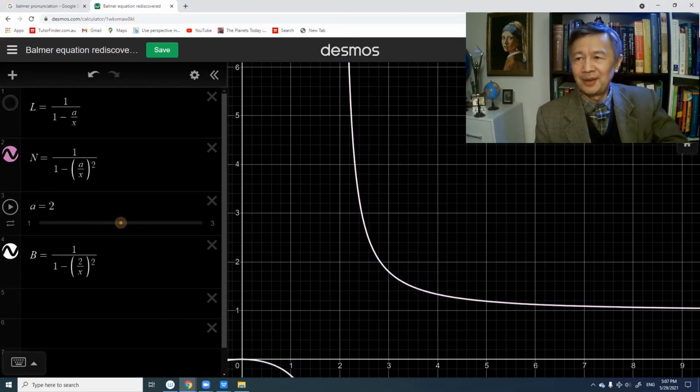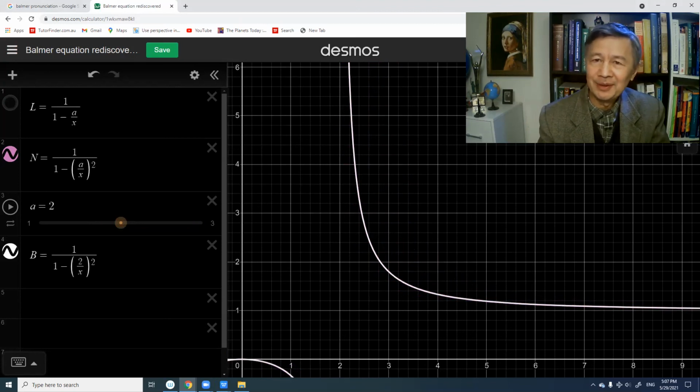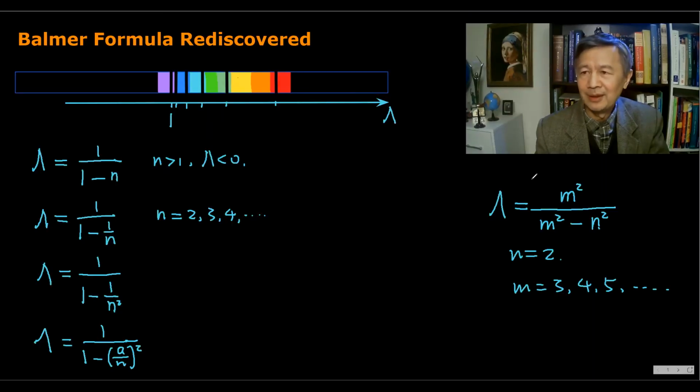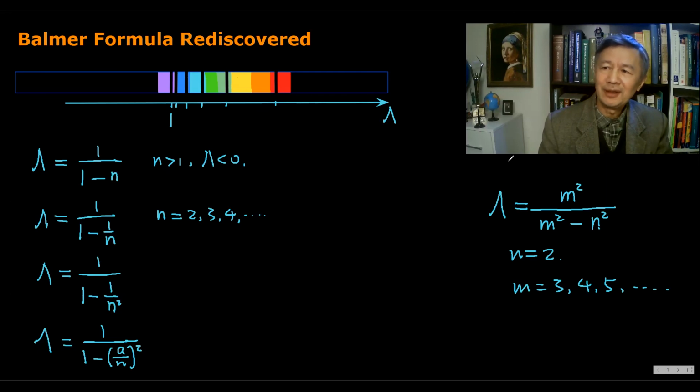In the old days, it would take a longer time without Desmos. But this demonstration shows that it's not that challenging to find Balmer's formula if we just follow these instructions.